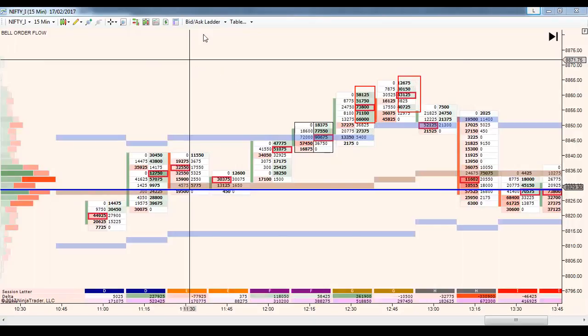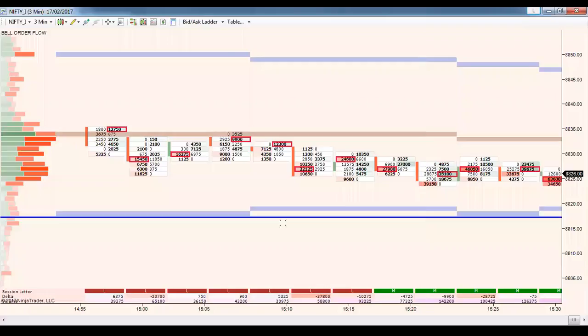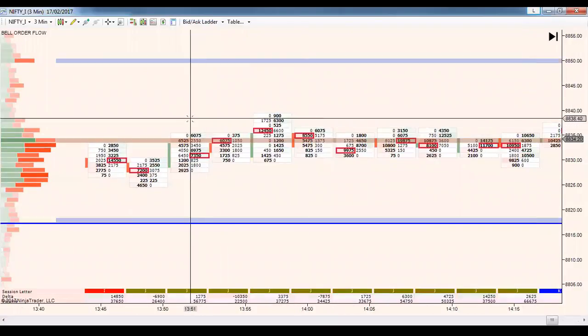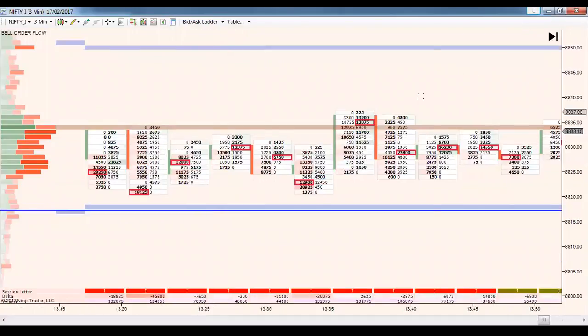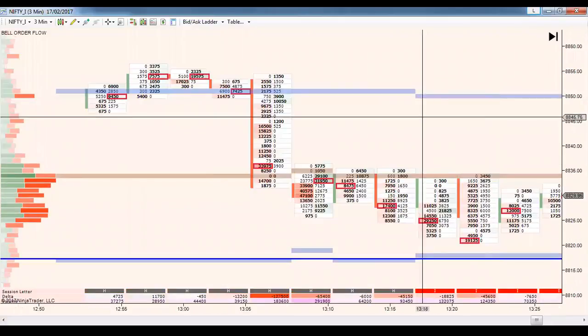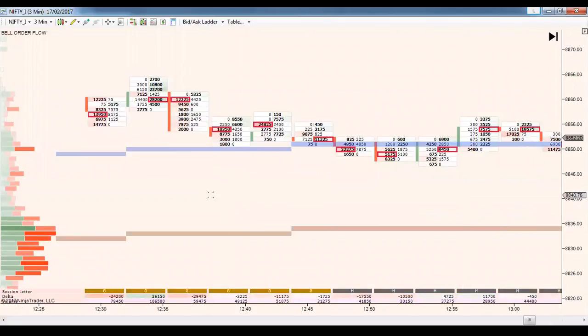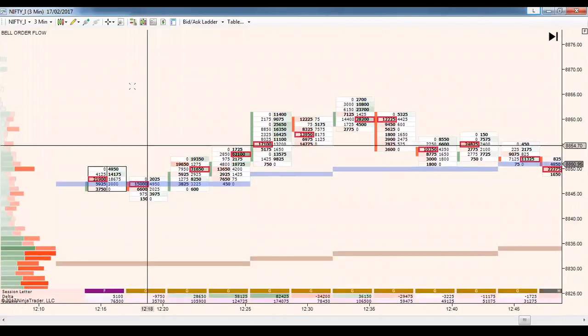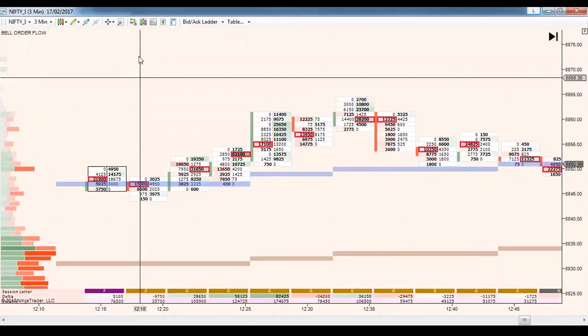And when you shift to a lower time frame chart, let me take you to a lower time frame chart, you can clearly see a nice delta divergence happening. This is the 3-minute order flow chart. And where is that rejection? Yes, here. So here you can observe a nice delta divergence.